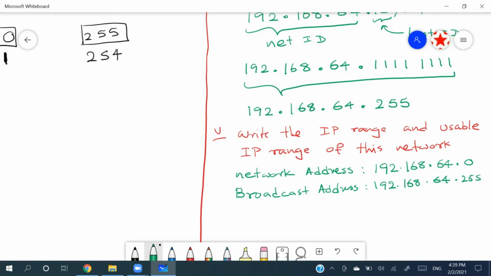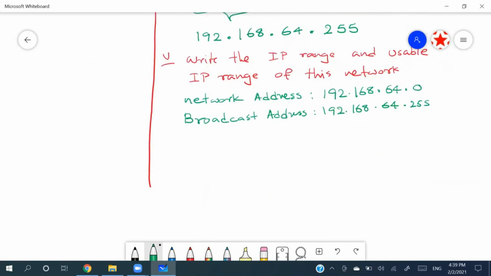Right, so I'm writing first the IP range: 192.168.64.0 to 192.168.64.255, which are the same addresses. The IP range means from the network address to the broadcast address.